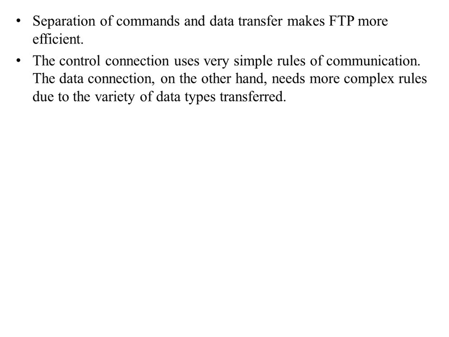The control connection uses very simple rules of communication, and the data connection is more complex compared to the control connection. Why? Because the data is varied in different types. The file formats, file structures, abbreviations and extensions are different. That's why the data connection is more complex.